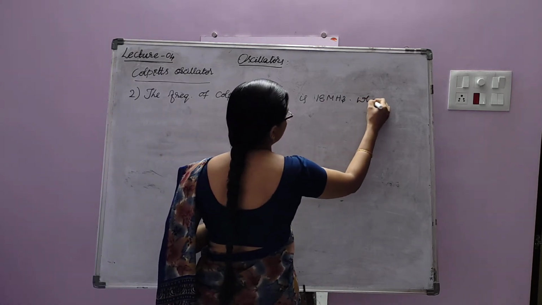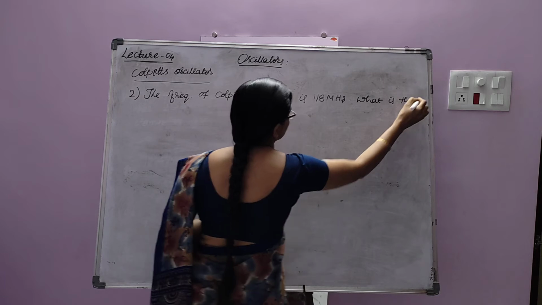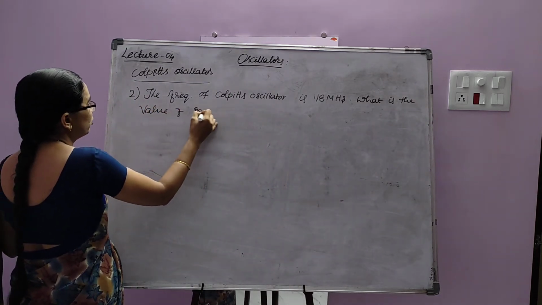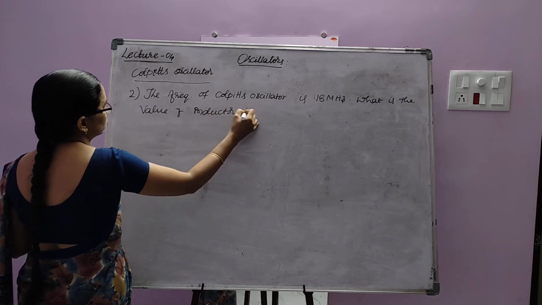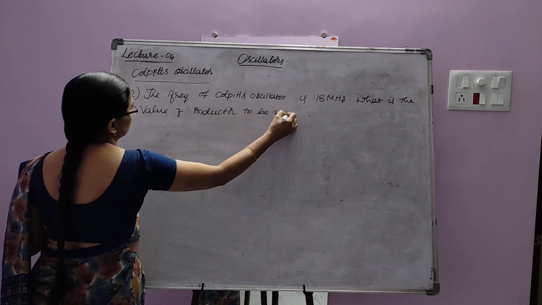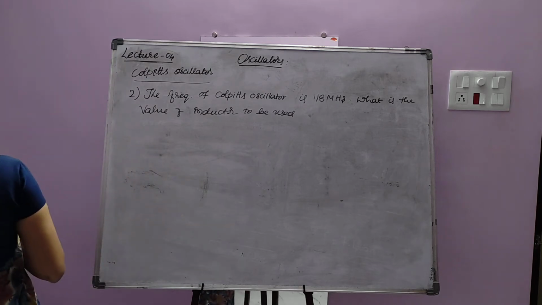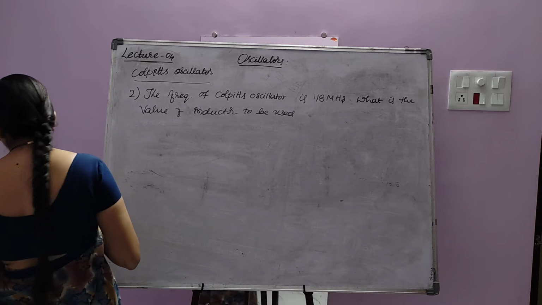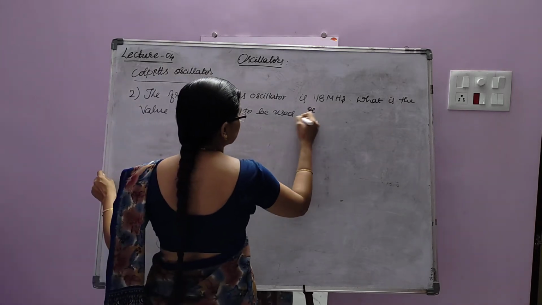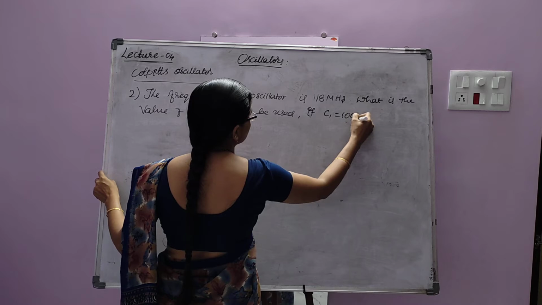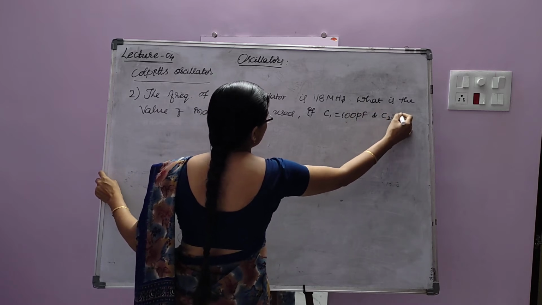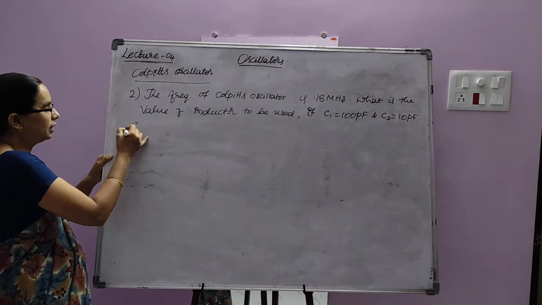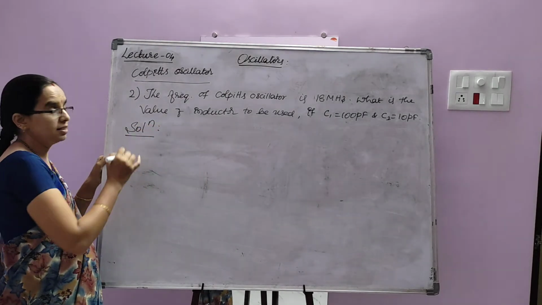What is the value of inductor to be used if C1 is equal to 100 picofarad and C2 is equal to 10 picofarad? So here we have to calculate the value of the inductance.